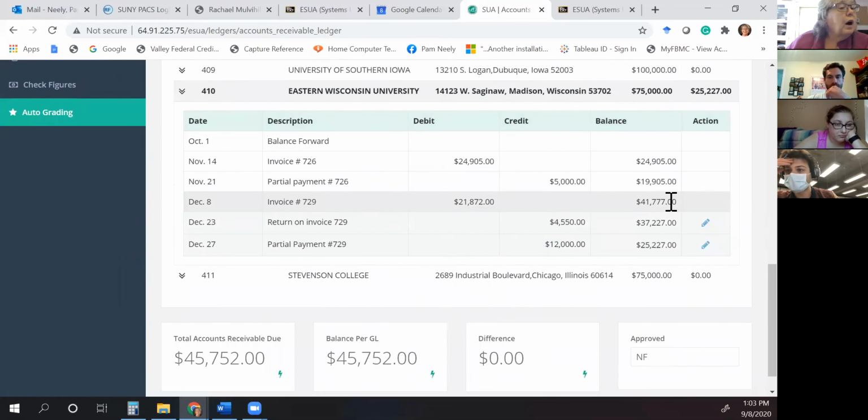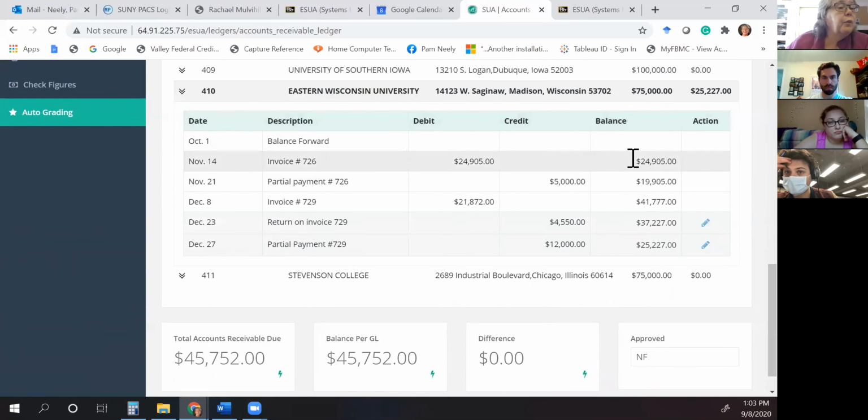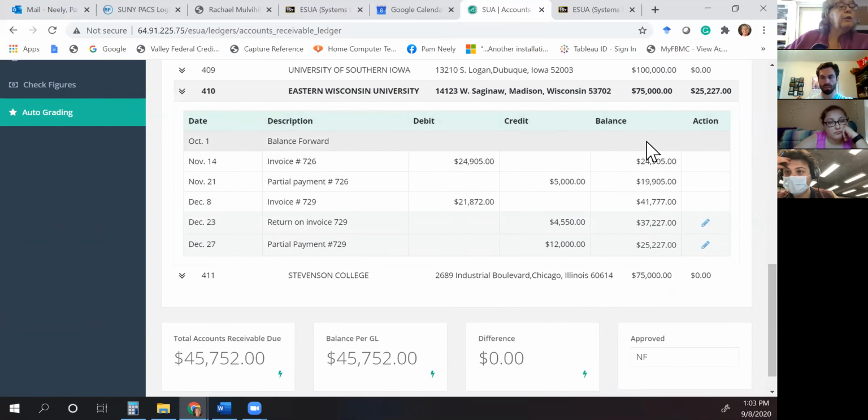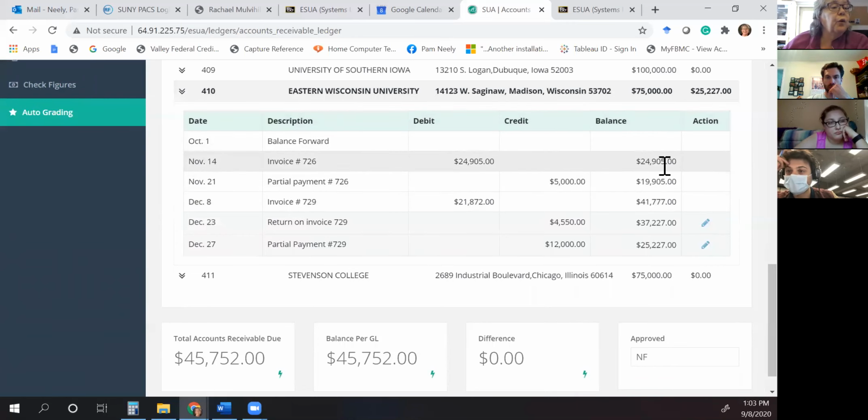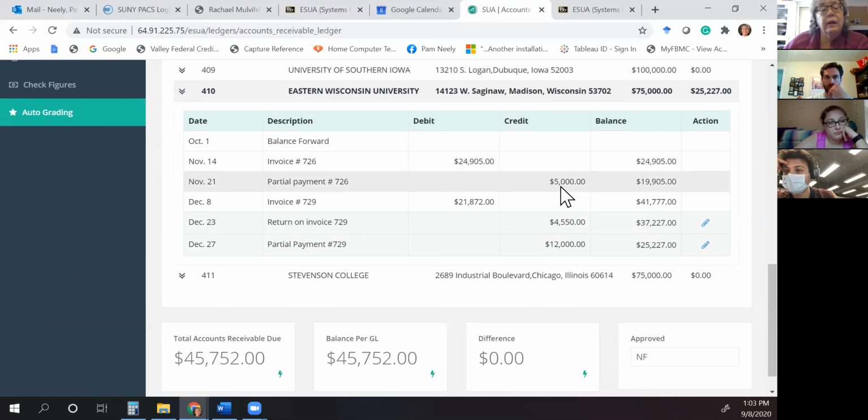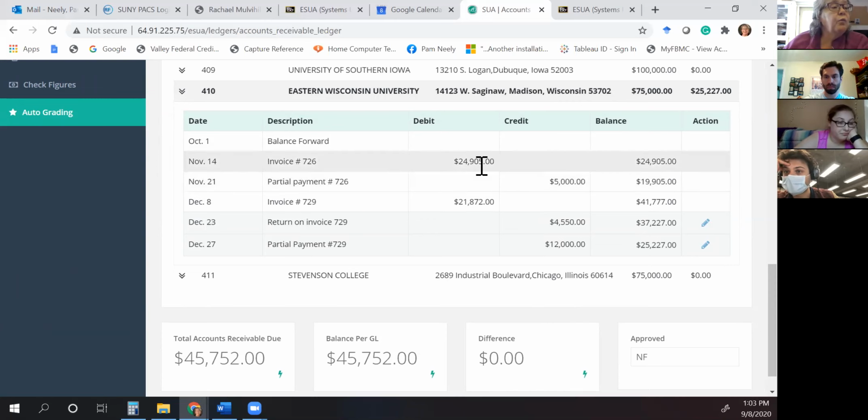So on December 8th, we had a balance of $41,777. Well, actually, we need to go back here to November 14th. At the beginning of the month period, we had a zero balance. And then we had an invoice for $24,905, but they only paid $5,000 on it. So some of this invoice is going to be older than current, right?